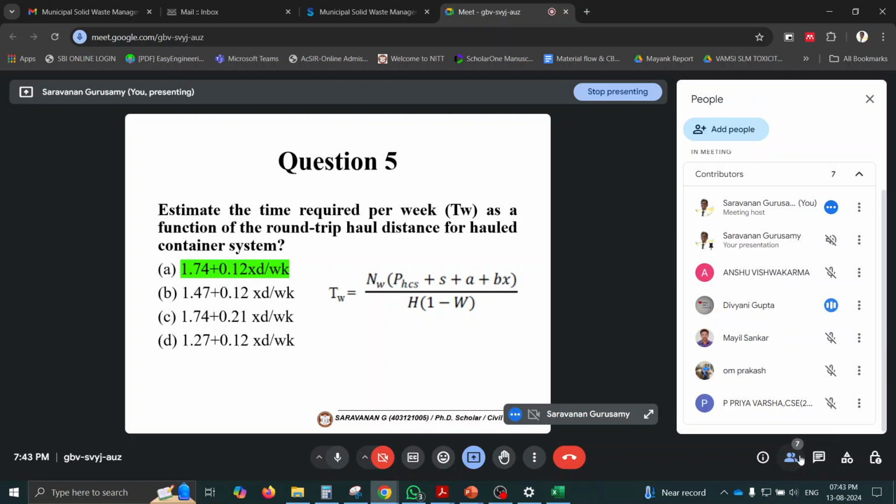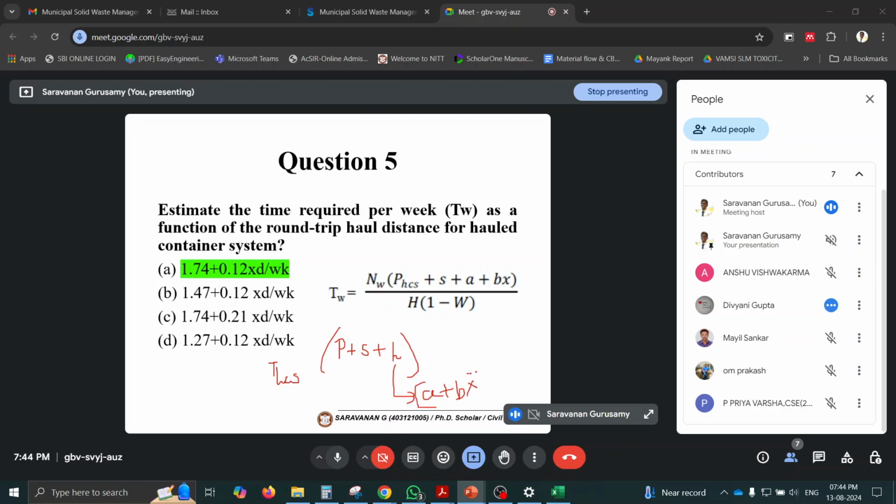Sir, in the question, there are two values of A and B. That's what, ma'am. So we know P plus S plus H is our total time per trip, right? Total time per haul container system. So this H we are finding in terms of A plus Bx, that is our rectangular hyperbola we have discussed, remember.